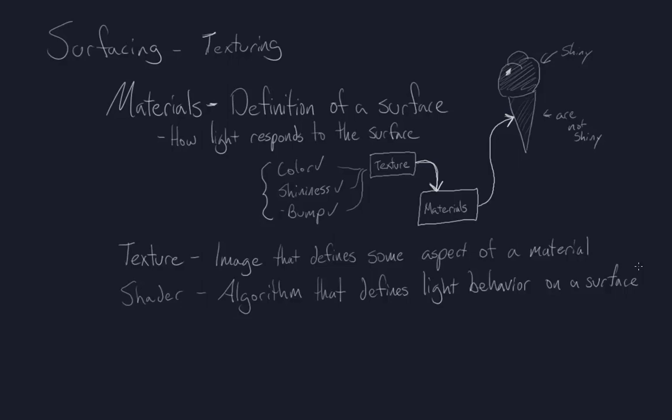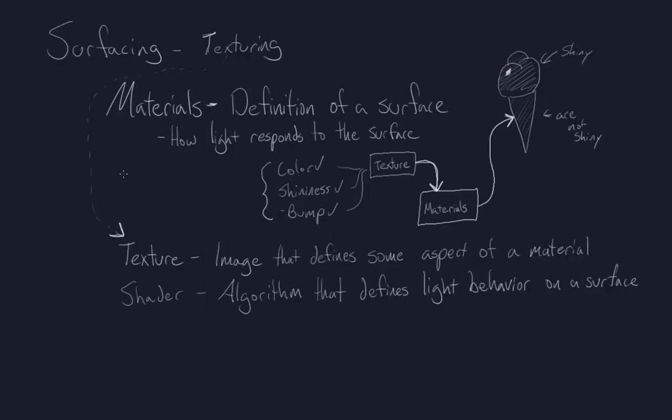Now, inside of Maya, we can create several different types of material which are all driven by different shader algorithms, and we'll see some of those here in just a minute. I also just want to throw out there, I mentioned the term texturing earlier on. Texturing is really just the process of creating these textures, these images that will define some part of a material.